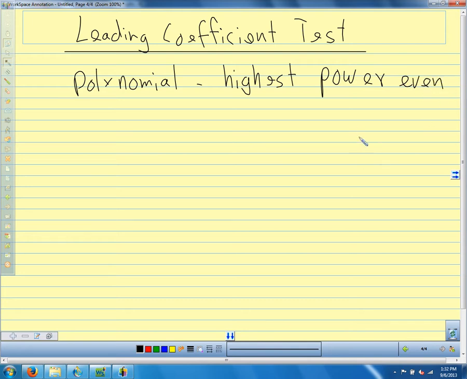If the leading coefficient is positive, so if I write my polynomial f of x equals a sub n x to the n plus dot dot dot, this is my highest power and this a sub n is my leading coefficient.